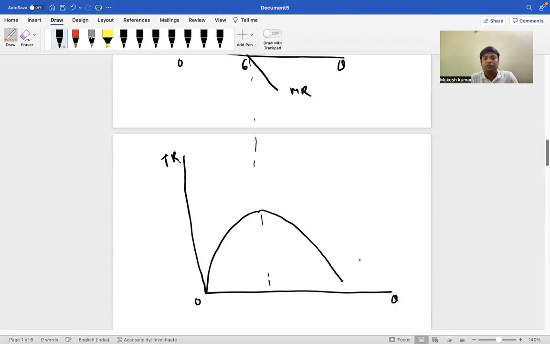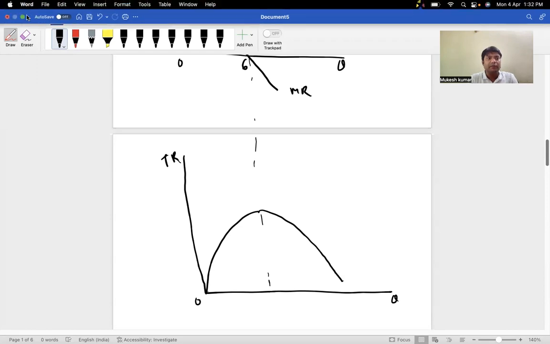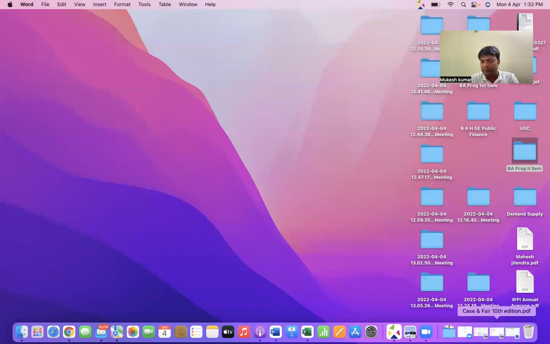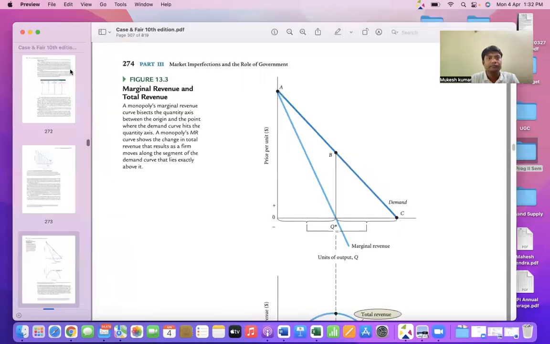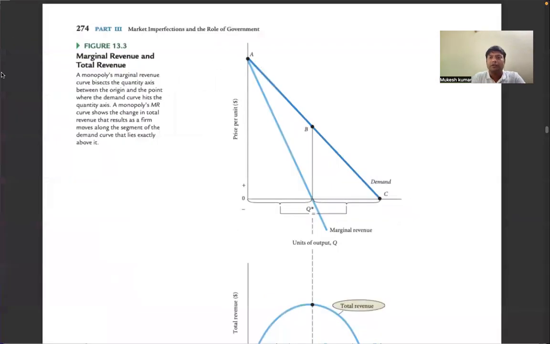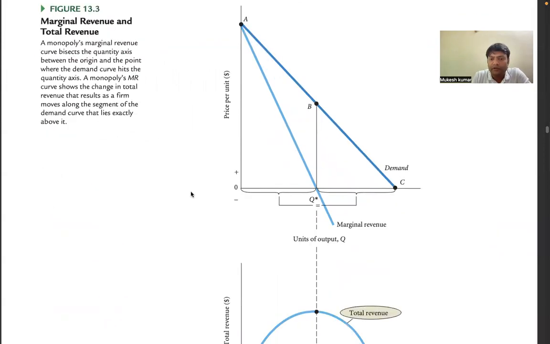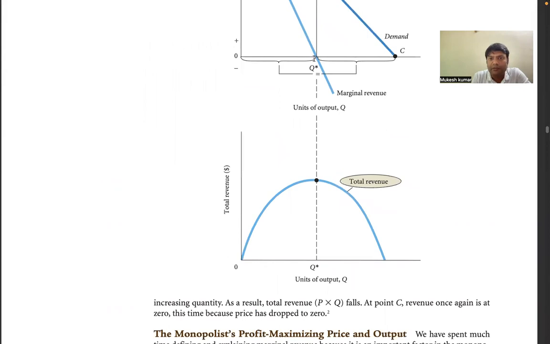So this is the relationship between average revenue, marginal revenue, and total revenue. When marginal revenue becomes zero, total revenue becomes maximum.